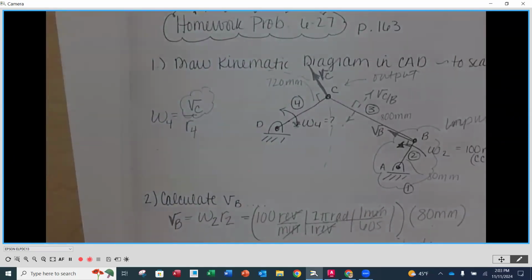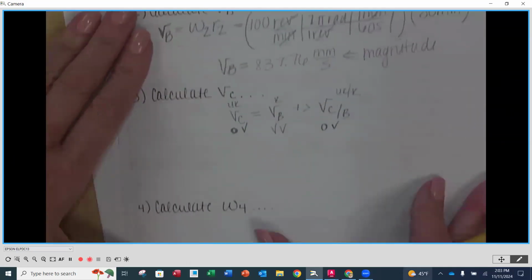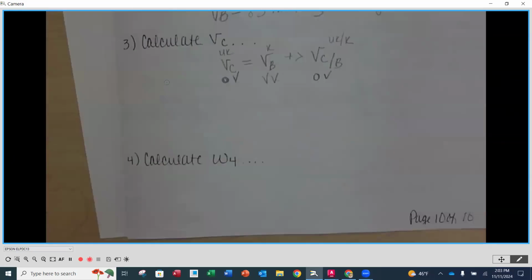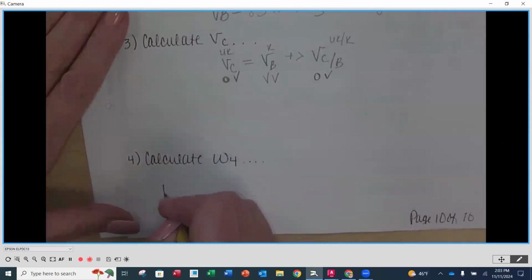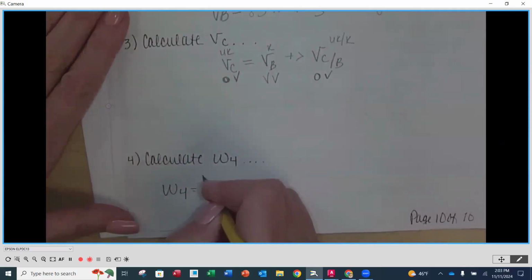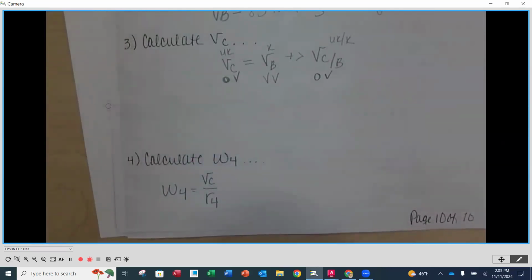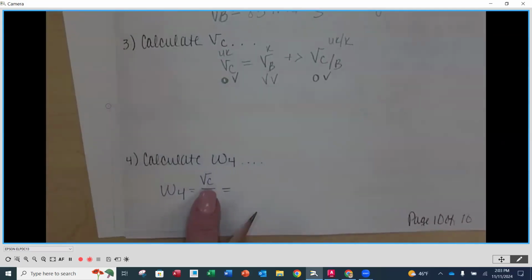This is the equation we're going to use for W4. We know that W4 is going to be equal to velocity of C divided by the radius of link number 4. So we just calculated our straight line velocity of point C.